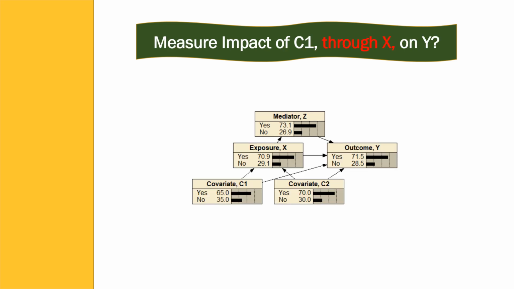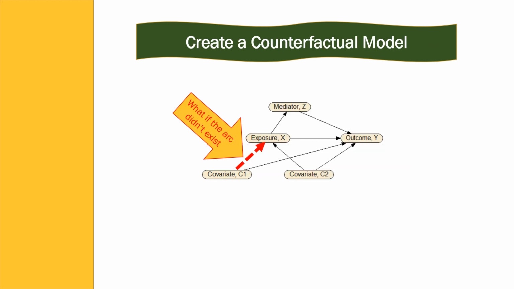How would you calculate the indirect effect or the mediated effect? This set of slides shows you how to do so. The first thing you have to do is to create a counterfactual model.